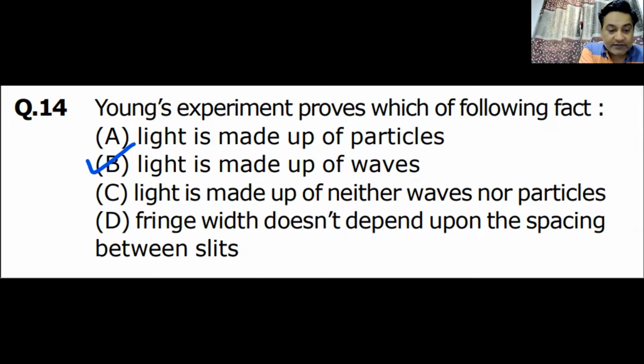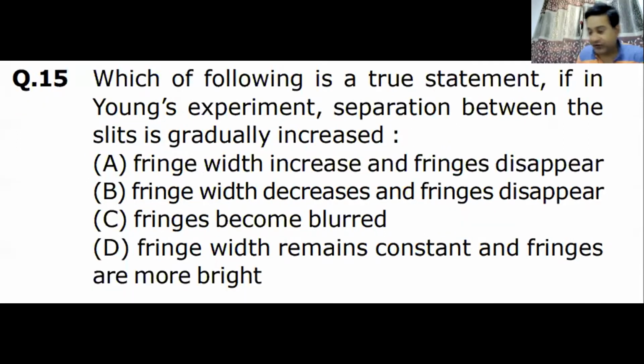Here comes the next one. Waiting for your answer. YDSE. I'm expecting one question from YDSE. Simple one. Which of the following is a true statement if in Young's experiment the separation between the slits, small d, is increased?